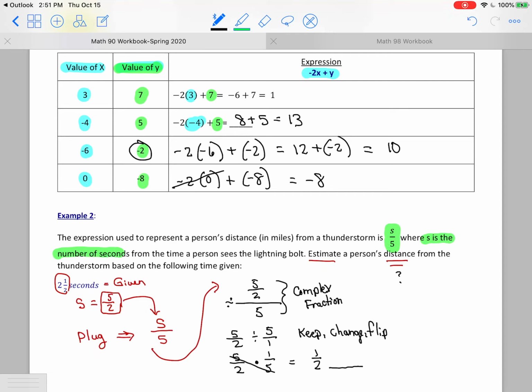Sometimes it's helpful to write it to the side: estimate a person's distance. So we're looking for the unit that represents distance. Up here, person's distance was in miles. So our final answer should be 1/2 mile for a person 2.5 seconds away from the storm.